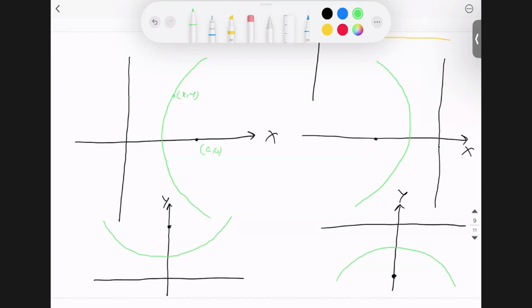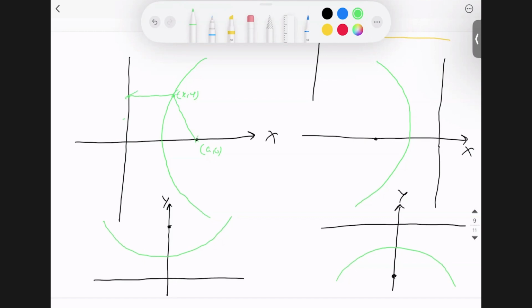You can fix some points here, and you can just try to find the distance from here and the distance from here. Now this point is moving, but this is fixed and the line is fixed.